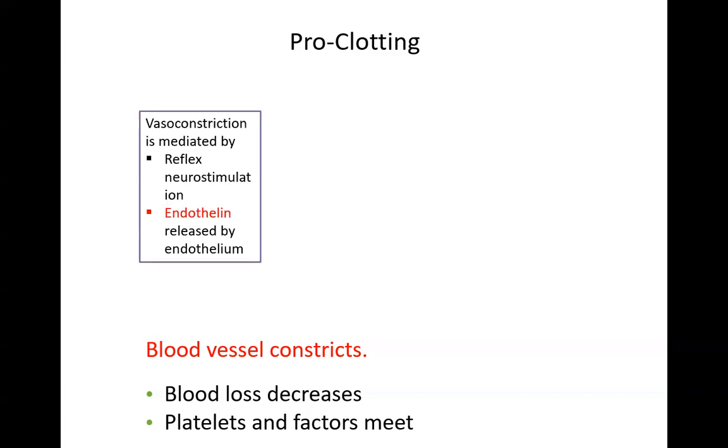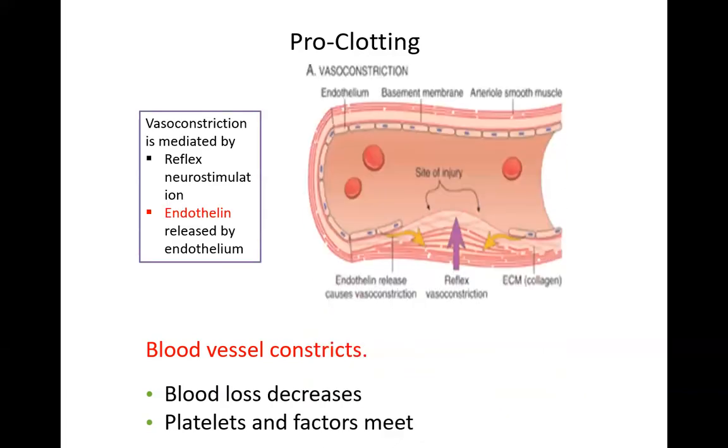So the first thing that happens whenever there is trauma is reflex vasoconstriction. So the blood vessel wall constricts, and this is mediated by, number one, reflex neurostimulation and the release of endothelin by endothelial cells. So both these phenomena come together, the release of endothelin from the endothelial cells, and the reflex vasoconstriction mediated by neurostimulation in the vessel wall.